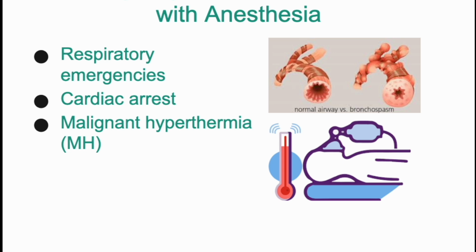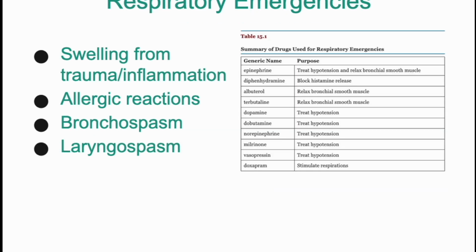So for us, we need to know the emergency medications commonly used to help manage these situations effectively. Now, Table 15.1 shows the generic names and purposes of drugs used for respiratory emergencies. Respiratory problems during surgery can happen for many reasons, such as blocked airways, anesthesia reactions, or other complications.